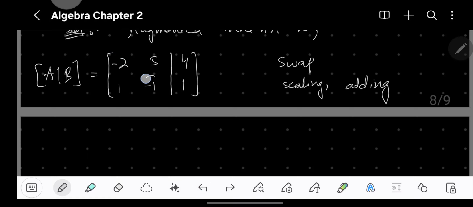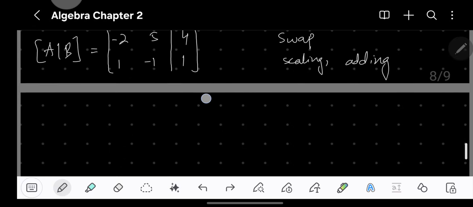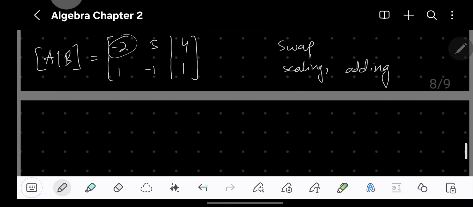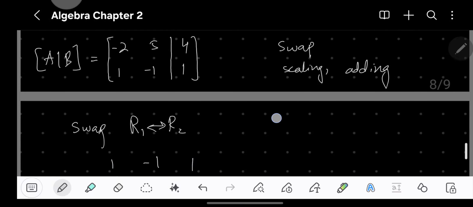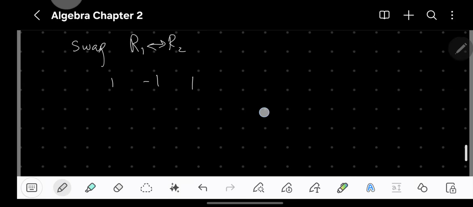And then I will make here 1 and everything up and down 0. Okay. So this is my aim. So what to do? I have to make here 1 first. In order to make here 1, I will swap R1 with R2. So what will happen then? 1, -1, 1. -2, 5, 4.